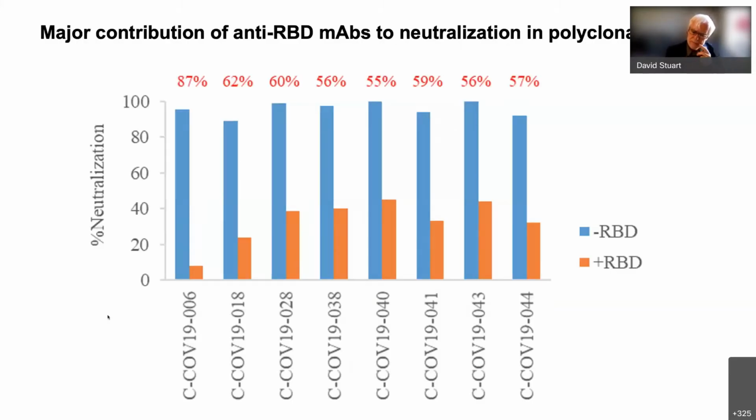And the importance of the receptor binding domain binding antibodies in the polyclonal response is confirmed by this experiment, where from the complete polyclonal serum, with a full set of responses, essentially the receptor binding domain was used as bait to pull out antibodies that bound strongly to the receptor binding domain.